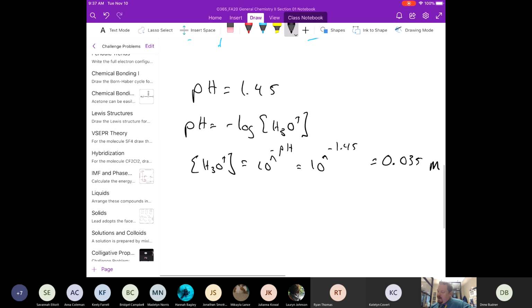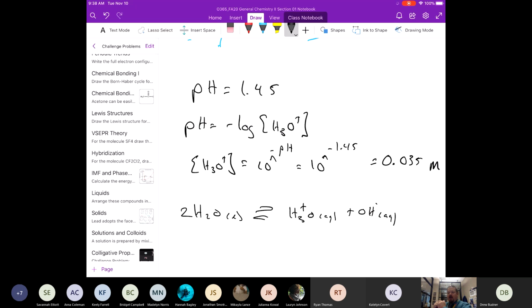If we look at how water reacts, it can break into H plus, H3O plus, and OH minus. This is referred to as the auto dissociation of water.